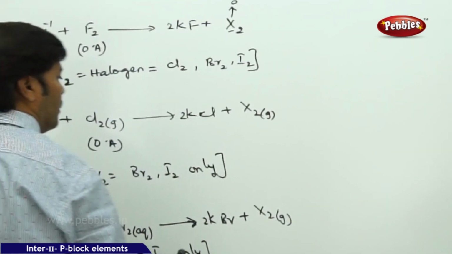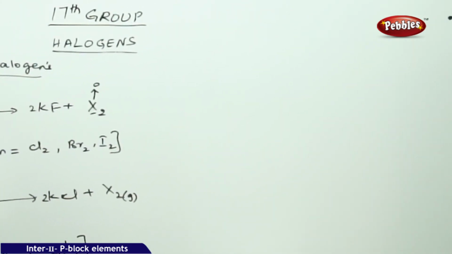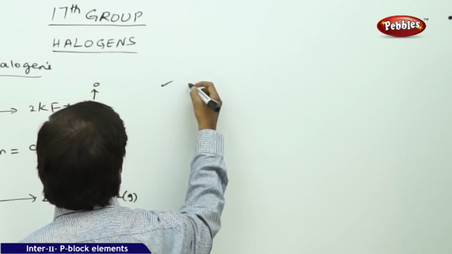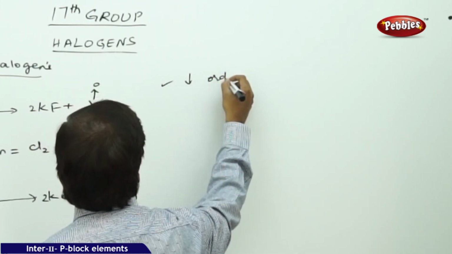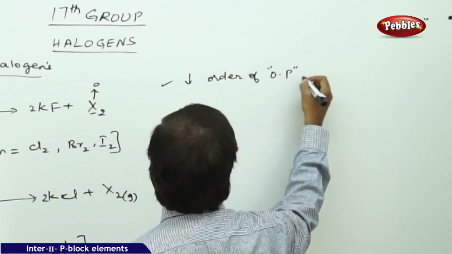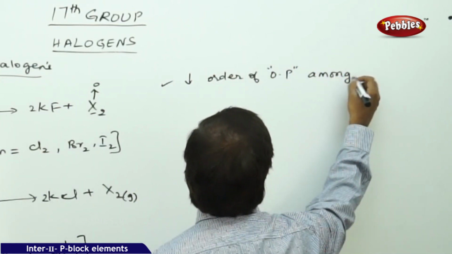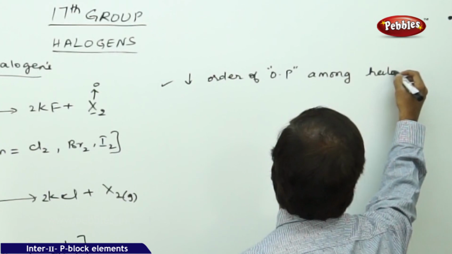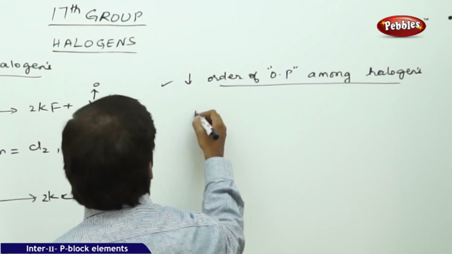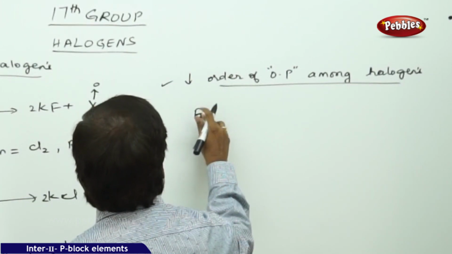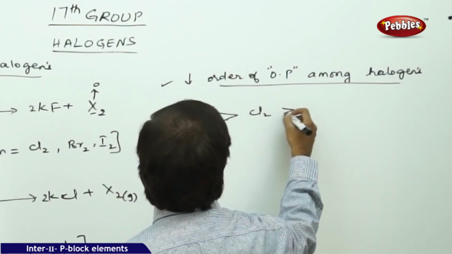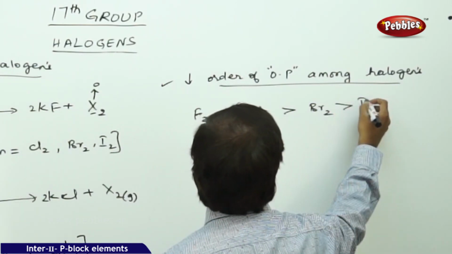So from these 3 reactions, what you are able to understand is the decreasing order of oxidizing power, OP, among halogens: fluorine is greater than chlorine is greater than bromine is greater than iodine.